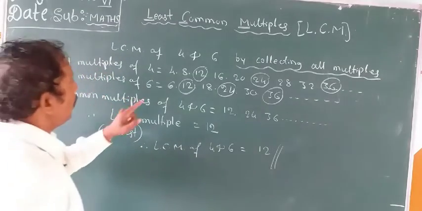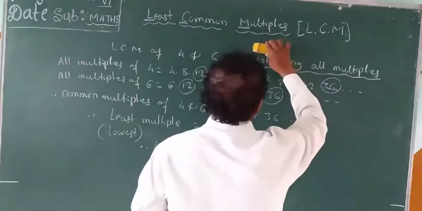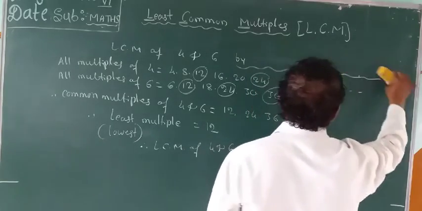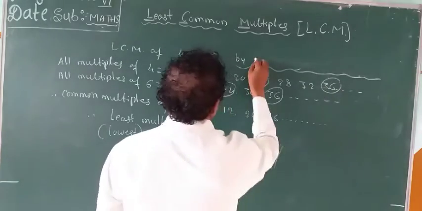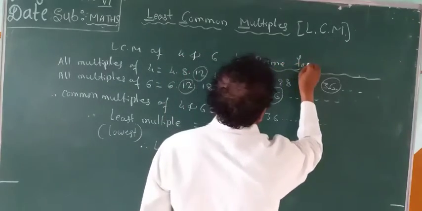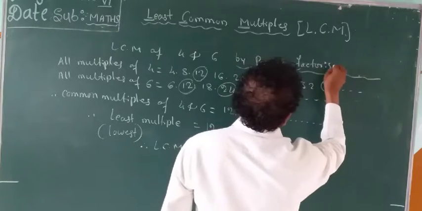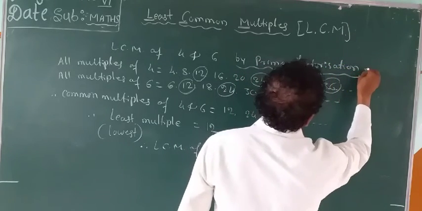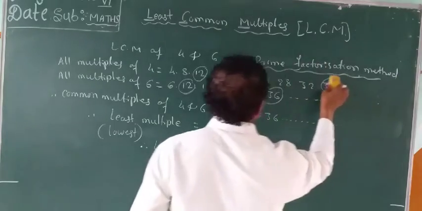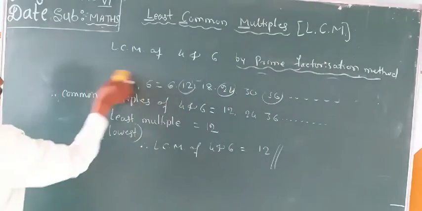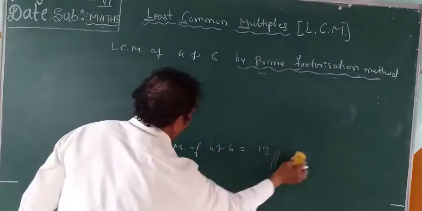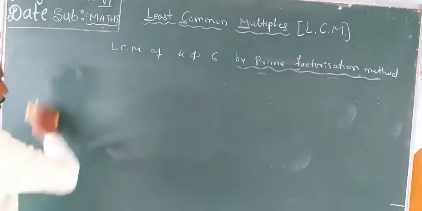Now the same question by prime factorization method. Second method is by prime factorization method. The given two numbers are 4 and 6.